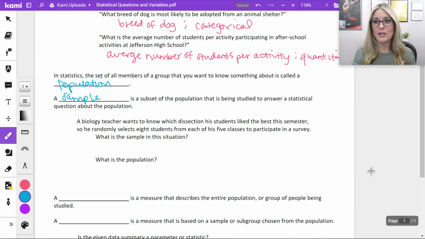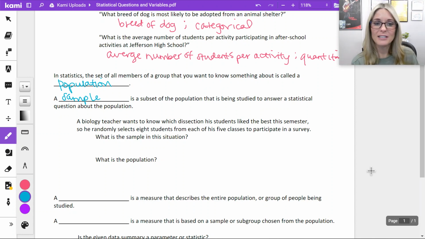So if I wanted to know something about the average American, there is no way that I could talk to every American in the United States, right? I would need a sample, but I am trying to get a good proportion of people, so I am representing the population of all of Americans.